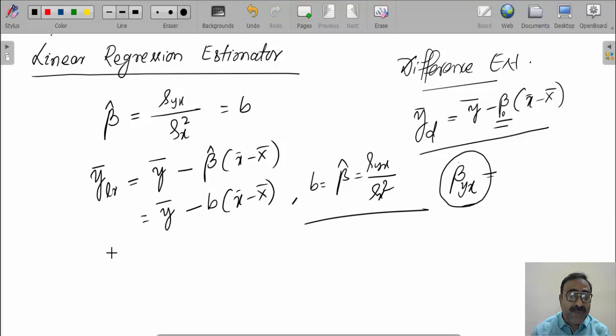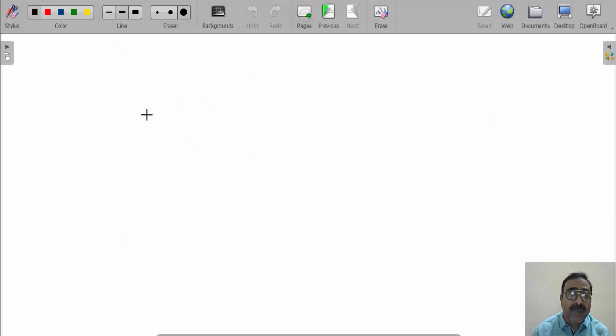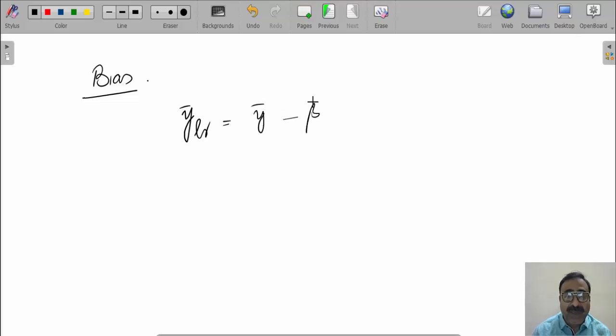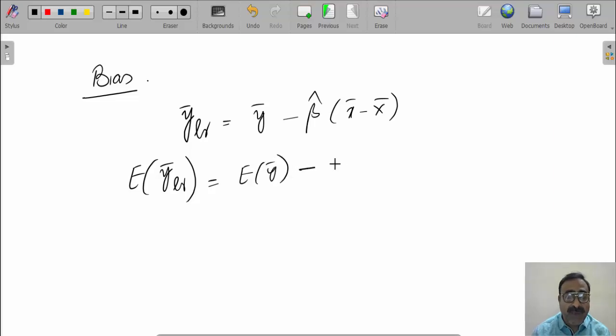Now to find the bias and variance of this estimator, we have the linear regression estimator ȳ_LR = ȳ − β cap (x̄ − X̄). So expectation of ȳ_LR equals expectation of ȳ minus expectation of β cap (x̄ − X̄). That is equal to Ȳ minus expectation of β cap x̄ minus expectation of β cap X̄.